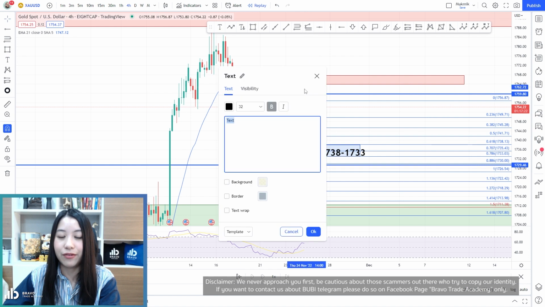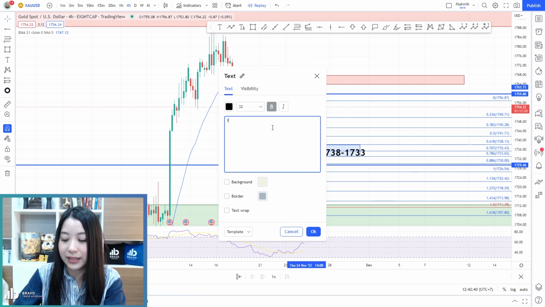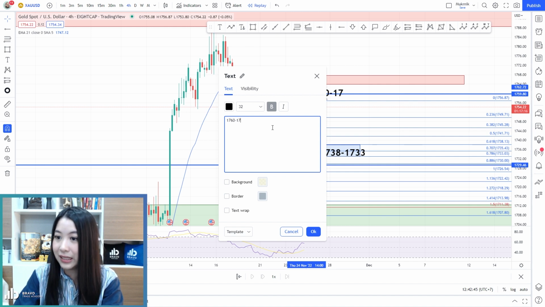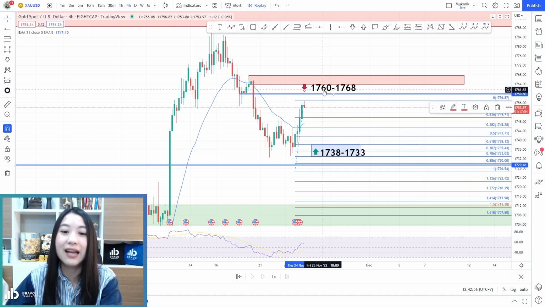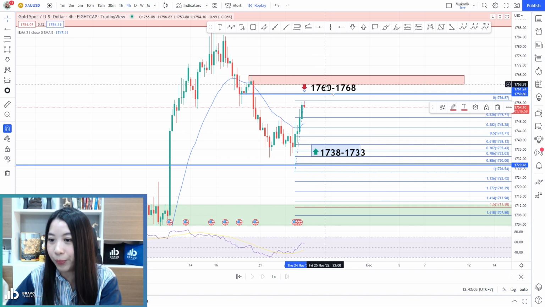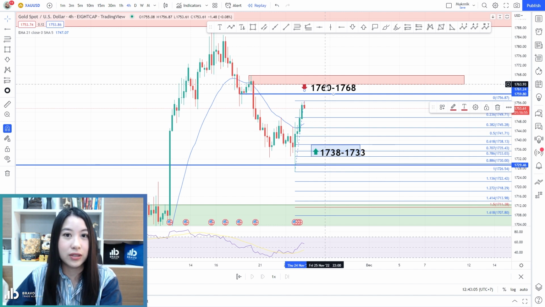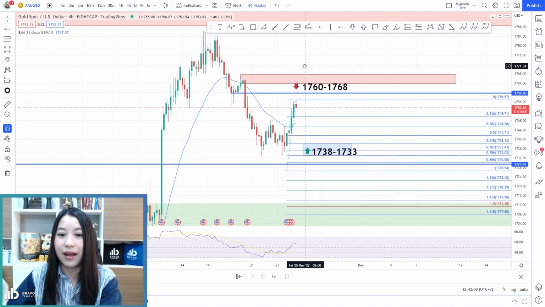So I would say for the selling plan, it is going to be 1760 to 1768. It is going to be quite a broad numbers that I would give you. So we need a confirming signals here to tell if we are going to enter at 1760 or are we going to wait to the zone, because the zone is started from 1764, so that's around 400 point from the resistance that we had.